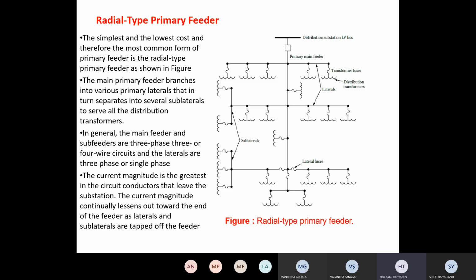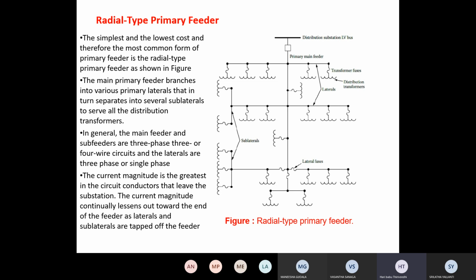A fault occurring at any location on the radial primary feeder may cause a power shutdown or power outage for every consumer on that particular feeder. Only when the fault is isolated will the power be provided again to the consumers. So this disadvantage, continuity of power supply and reliability, will be less for the radial type primary feeder, right?